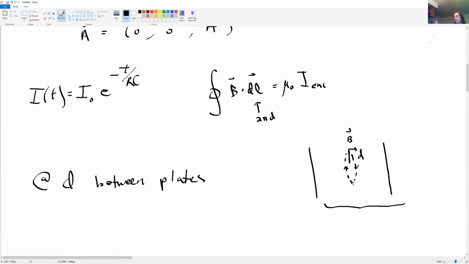Now the amount of current enclosed here, we don't actually want to use this term. We want to use epsilon naught d phi e dt. And this whole term is going to be given in terms of the current.